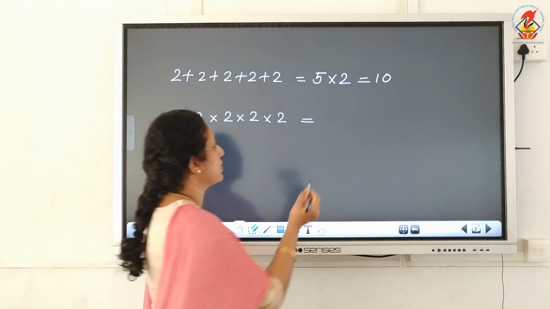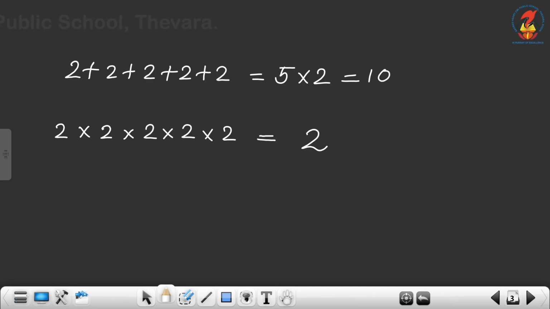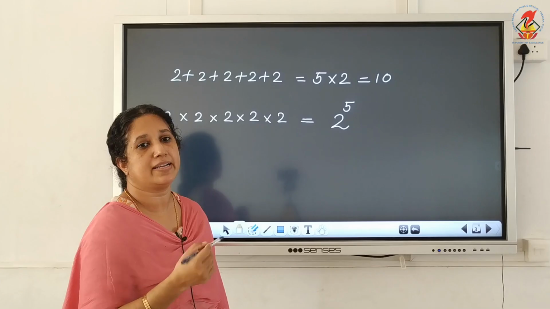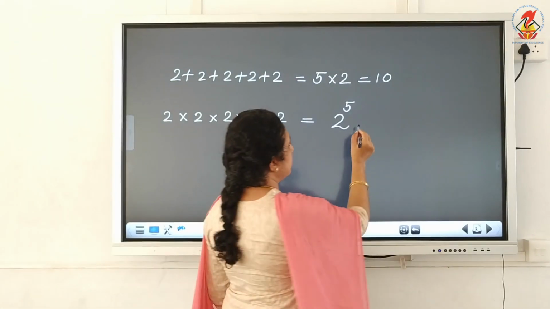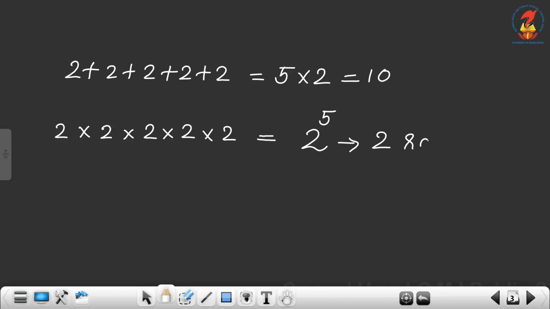So first you write 2. Then how many times is it multiplied? Count: 1, 2, 3, 4, 5. So after writing 2, on the right hand side up you write 5, and we can read it as 2 raised to the power of 5.